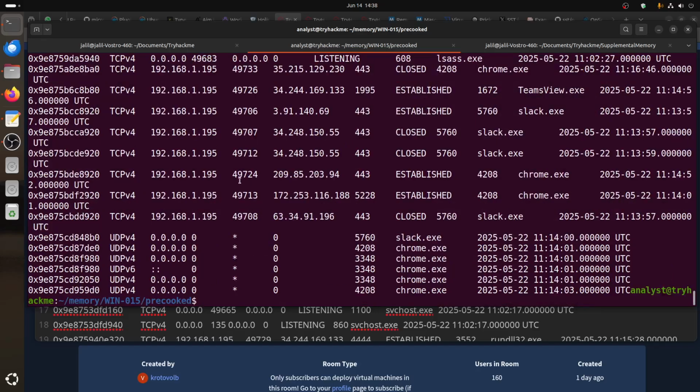Too much. Let's do the same trick we did to make it cleaner. Minus d with the dollar bracket t. We don't need the first line. I don't need this. I need the third one.